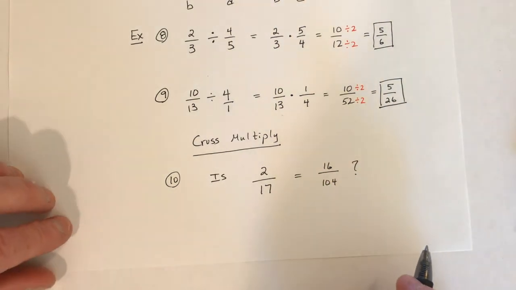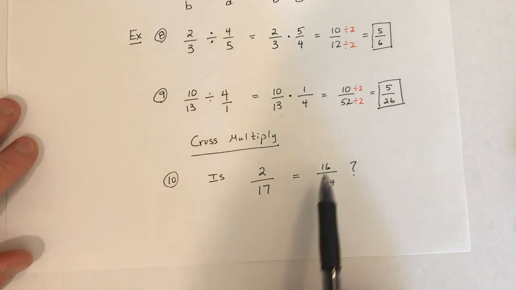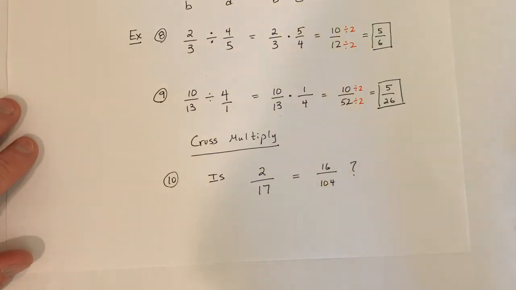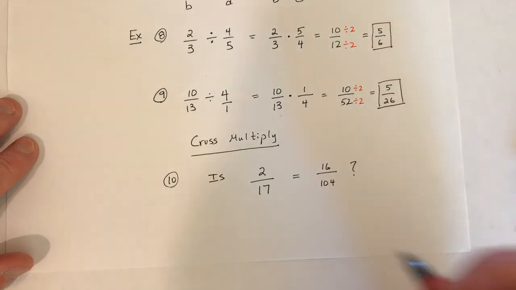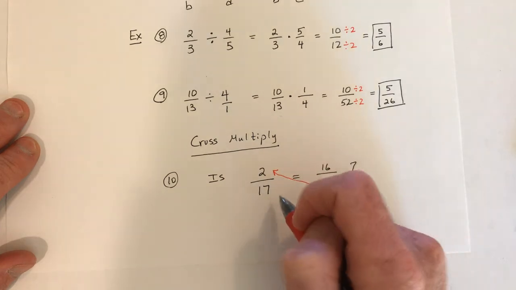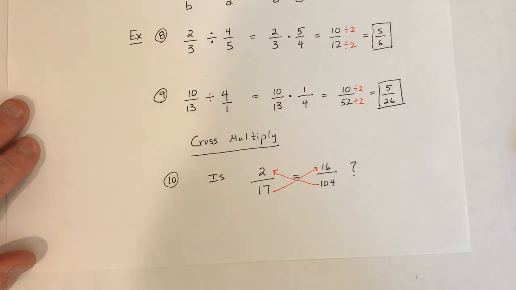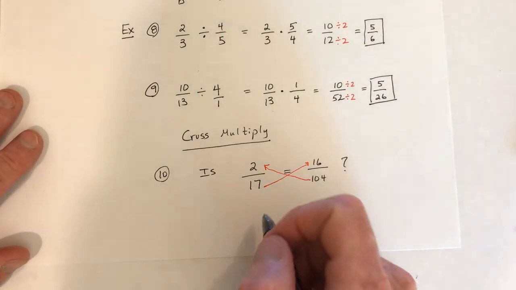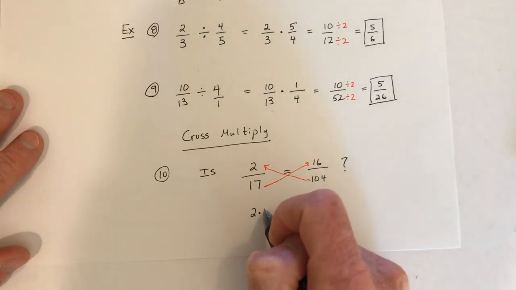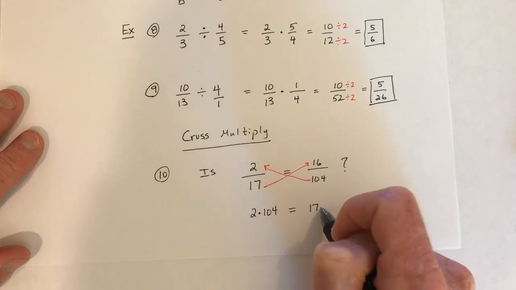So you could divide this on a calculator and get a decimal, divide this and get a decimal, or you could cross multiply. And cross multiply means you multiply a 104 to that side and you multiply a 17 to that side. So in other words, is 2 times 104 equal to 17 times 16?